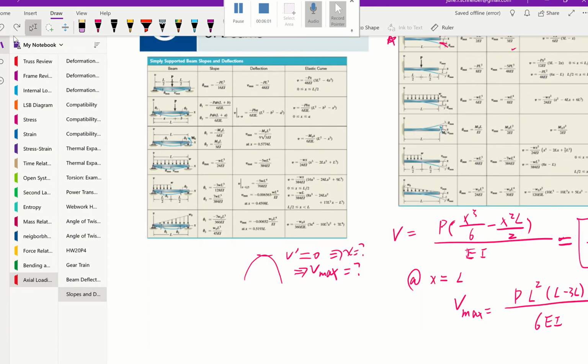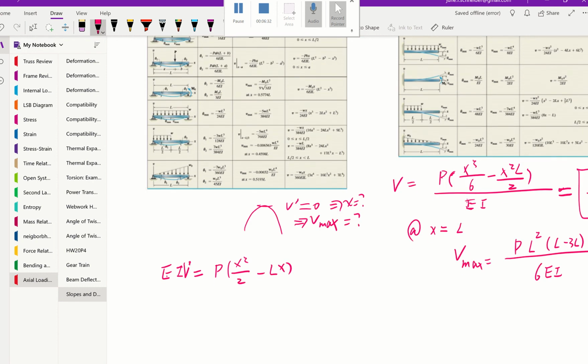Okay, so go back to the notes you have written for the previous problem. You will have the EI v prime. I'm going to write it down now. So EI v prime is going to be equal to P x squared over 2 minus Lx, okay?